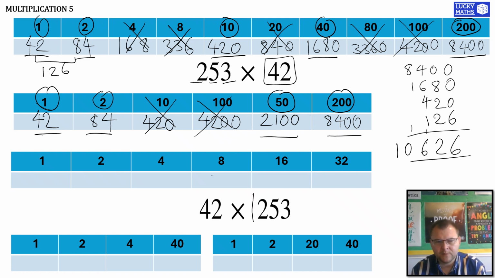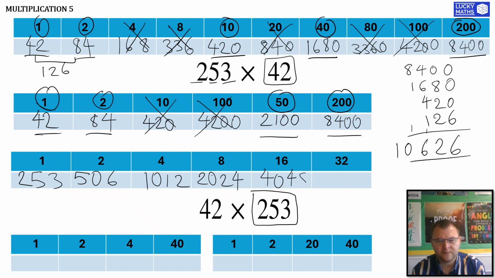Okay, but we'll look at it the other way, where we're going to do 42 lots of 253. And again, when you choose to use the big number, you're straight away having to really think about the doubling, because you're going to go straight into, like, here we go, 1,012 straight away. 1,012 will double to make 2,024, which becomes 4,048, and then 8,096. 42 lots, I would take the 32 lots, add it to the 8 lots, because that's the 40 bit, 42.